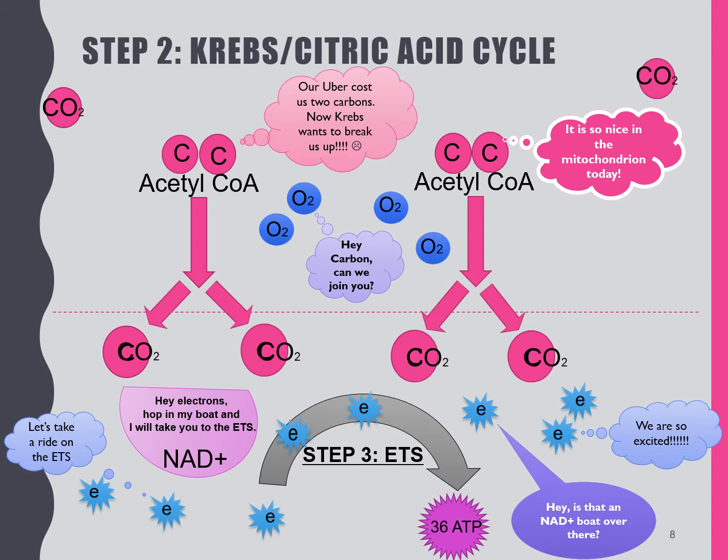And this NAD+ is the transport molecule that is going to move those electrons to the electron transport system. And then our 36 molecules of ATP will be yielded. Okay? This is, in a nutshell, the cellular respiration process.